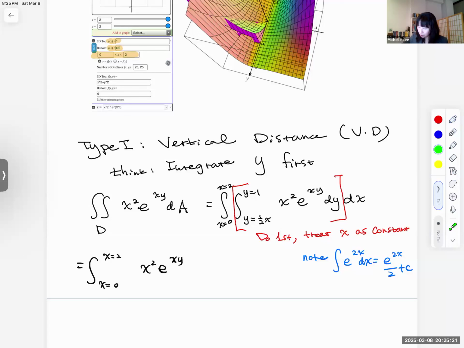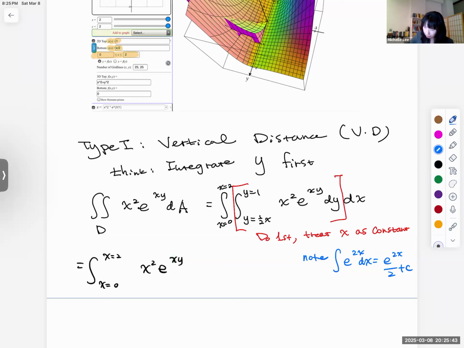Okay, so I wrote down a note from calculus 1 and 2, right? So we integrate e to the 2x dx. Then we have to have a chain, right? So since the 2 is not there, we divide by 2, right? Okay, so x is the constant.